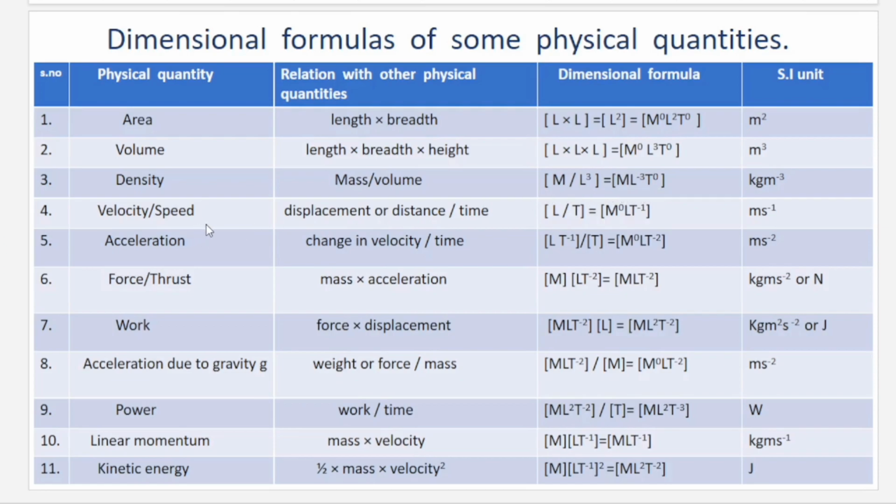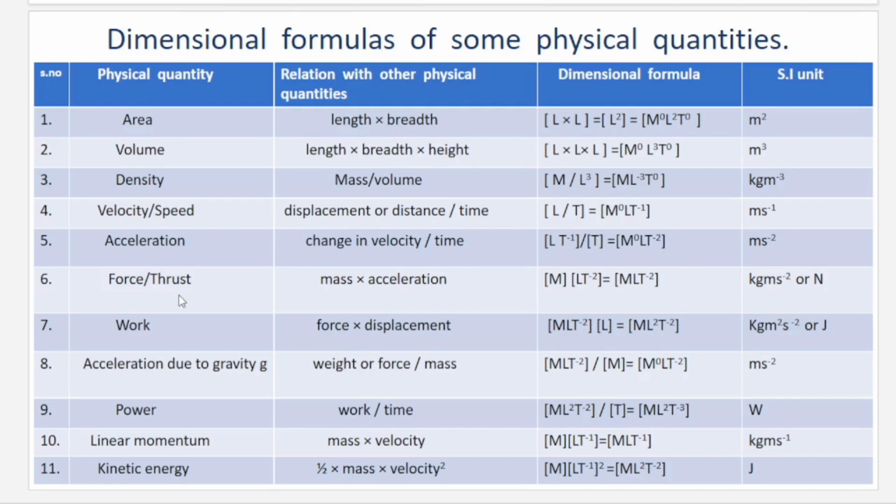Then velocity or speed, displacement or distance by time. Displacement or distance is L and time is T, which will give us [M⁰ L T⁻¹]. Acceleration is change in velocity by time. Change in velocity is LT⁻¹ by time is T. [M⁰ L T⁻²].